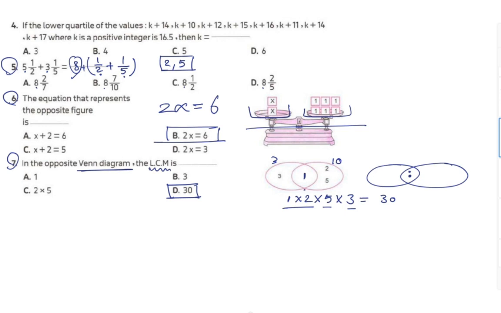So when you have two denominators, both prime numbers, multiply them. 2 by 5 equals 10.